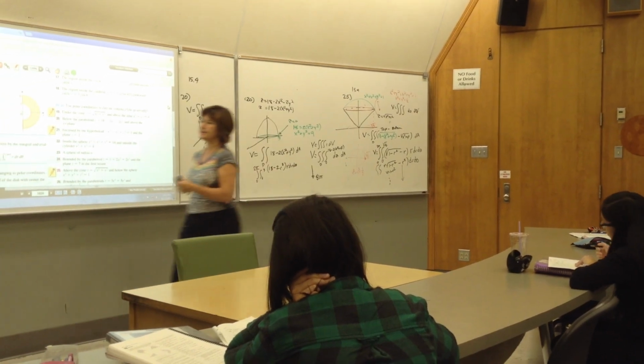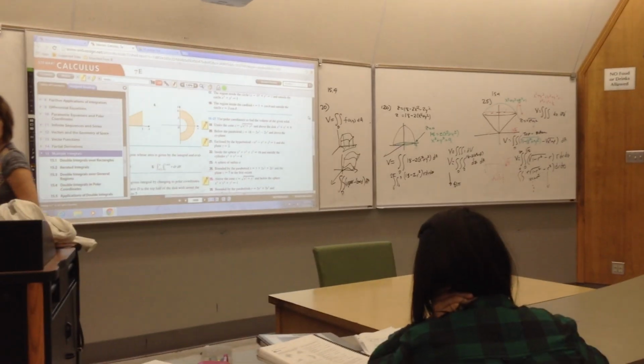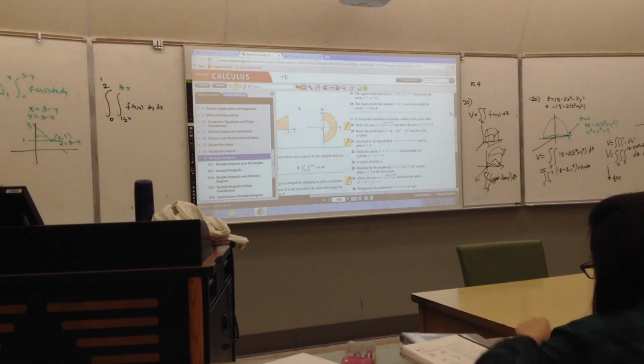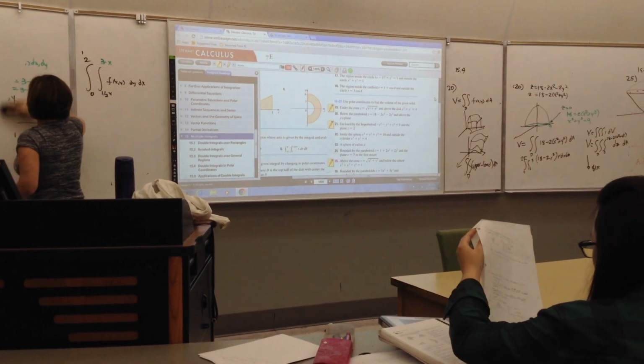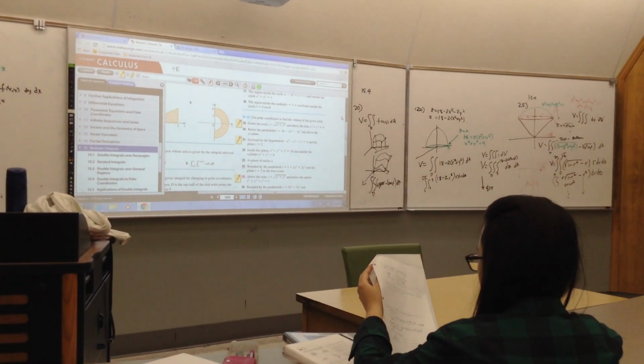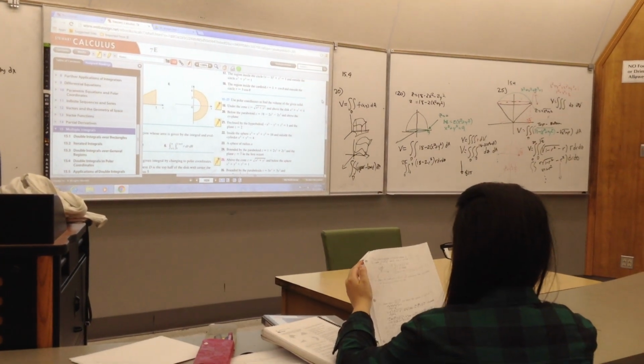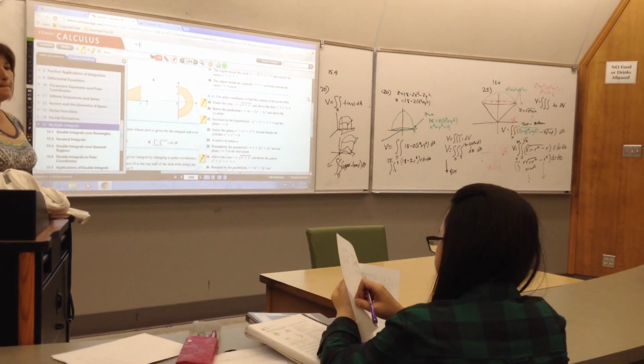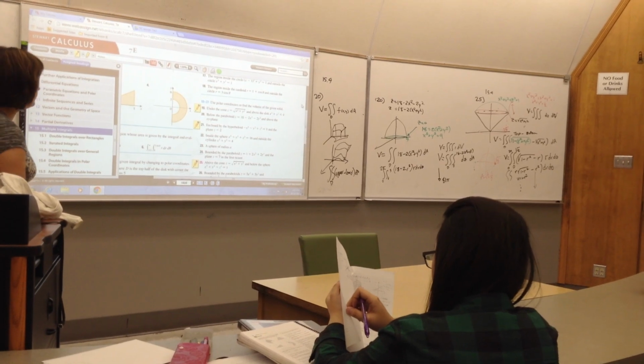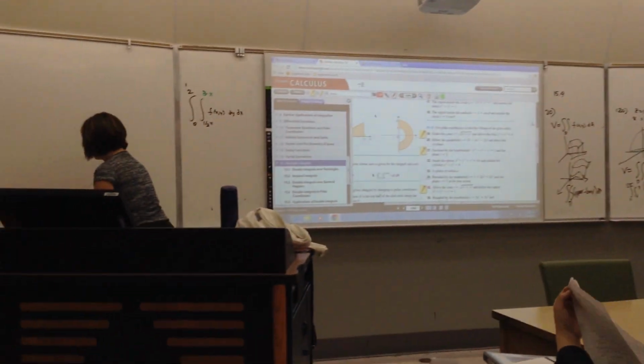All right. Anything else we'd like to go over? Professor, for number 25, if we want to do it as a triple integral, how do I set the domain? If you wanted to do that one as a triple integral?